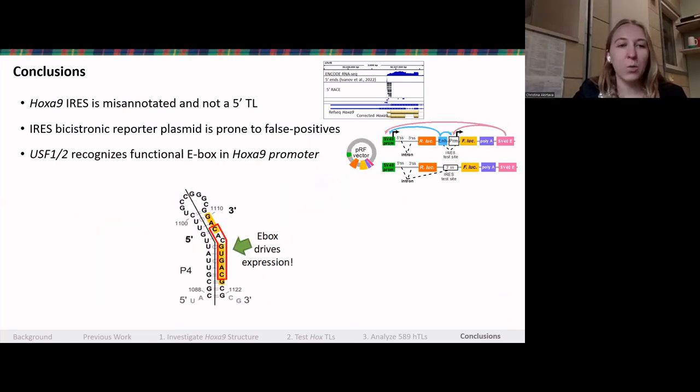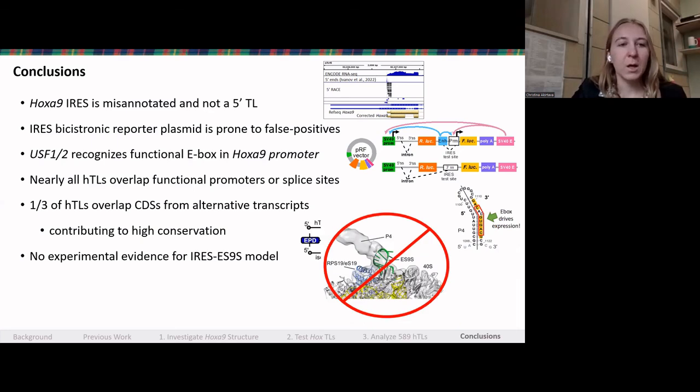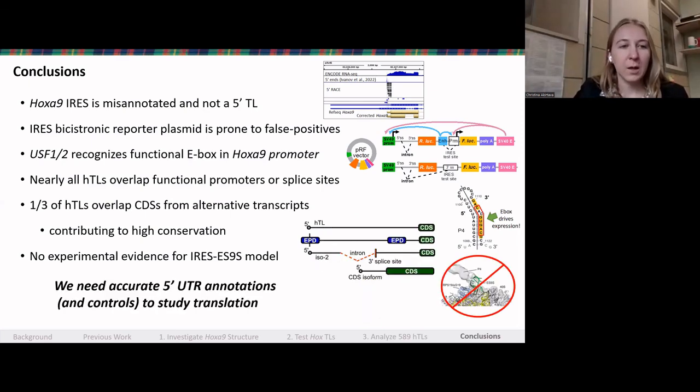We also found that USF1 and USF2 recognize a functional E-box in the HOXA9 promoter, and that most of the hyperconserved transcript leaders tested overlapped promoter elements, splice site elements, or coding regions, which may contribute to high conservation. And lastly, we found that there was no experimental evidence for the IRES expansion segment model. And this just underscores the importance of running proper controls and having really good 5' annotations.